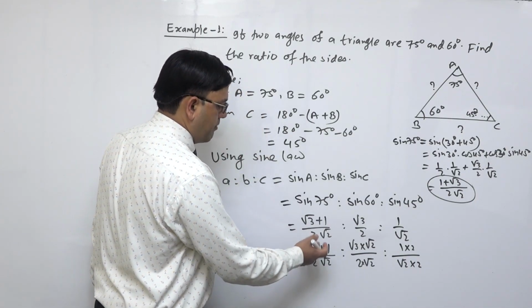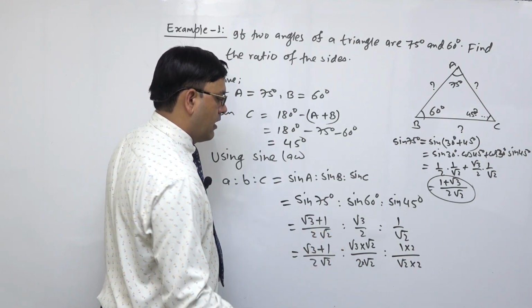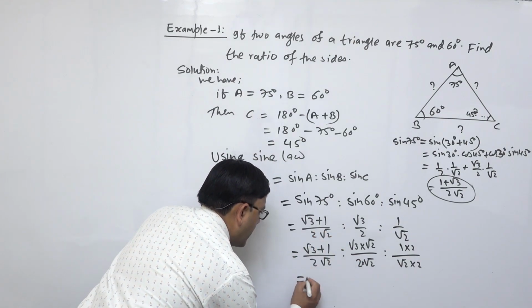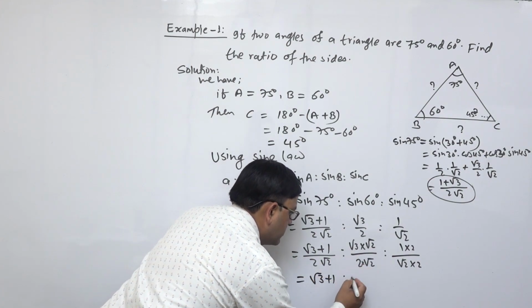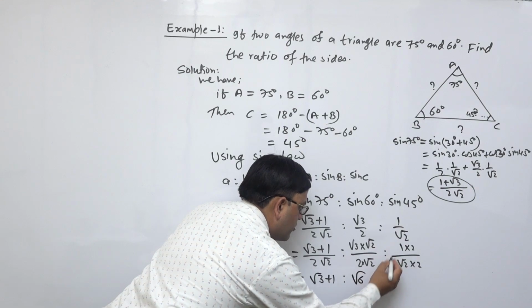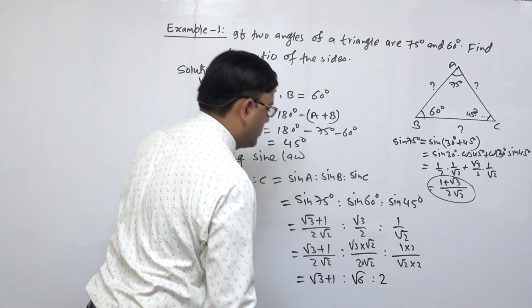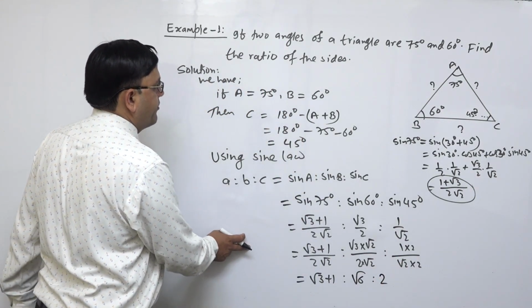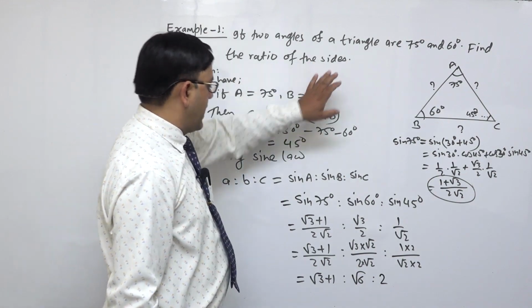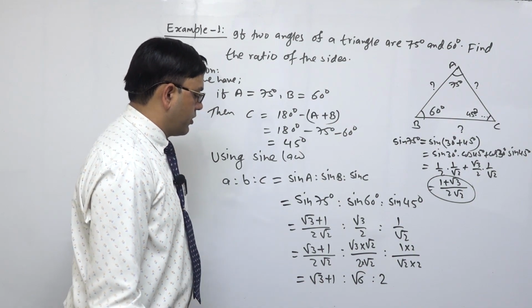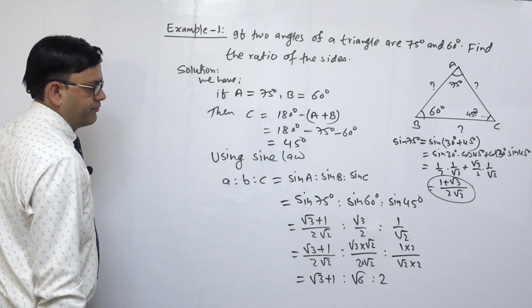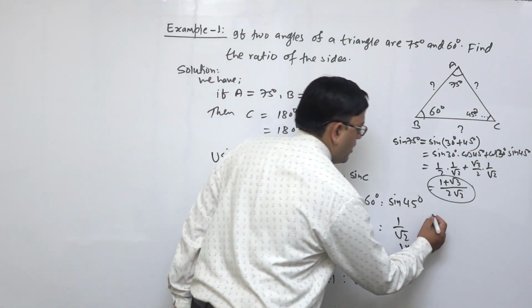See, in the ratio we can cut such a common denominator and write directly. So we can write this is equal to root 3 plus 1, this is root 6, and 2 times 1 is 2. So this is the required ratio of the sides. The question asked us A is to B is to C, the ratio of the sides.